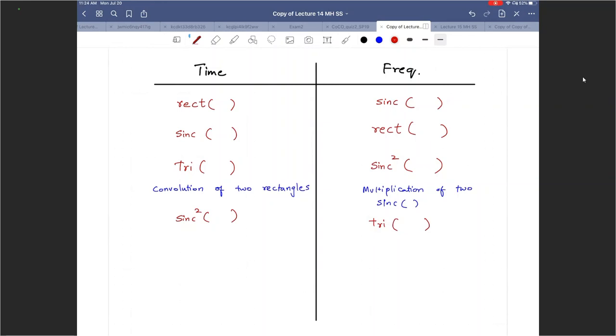This is based on duality, you can say that. In other words, you can say the multiplication in the time domain will be a convolution in the frequency domain.